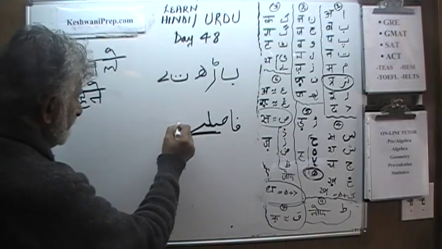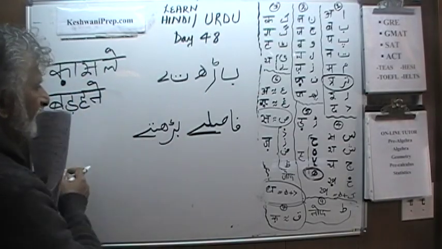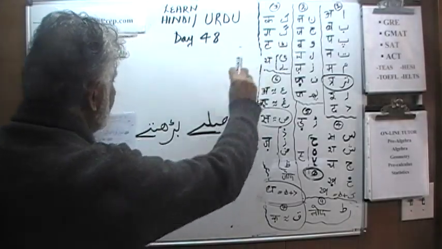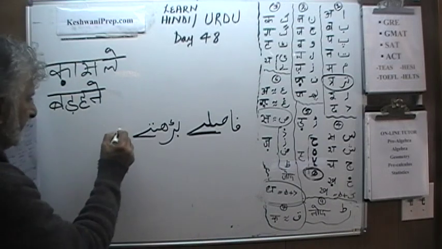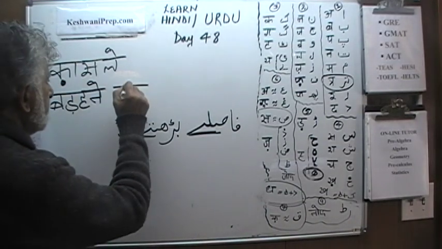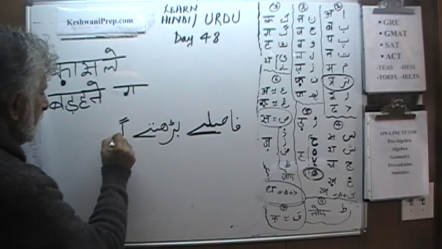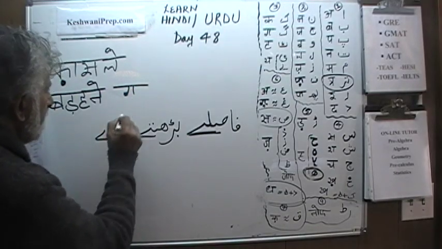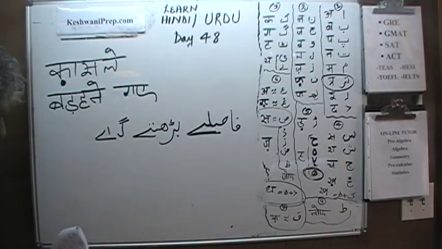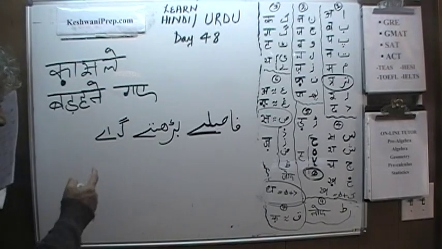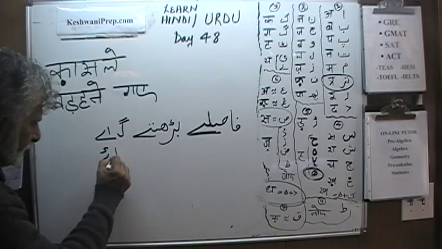Fasle, let's put it together. Barhate. The distance kept increasing. Fasle barhate gaye. Gaye. Go. And then A. When it's written, alif and badi are joined, and it looks like this with hamza, to which we're going to join the gaf.